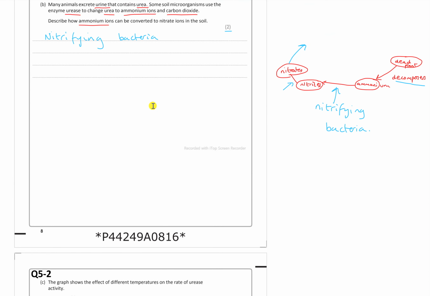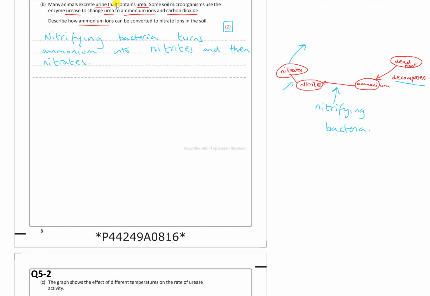This bacteria here is called nitrifying bacteria, turns ammonium into nitrites and then nitrates, and that'll cover the 2 marks. The wording's got to be spot on for that.